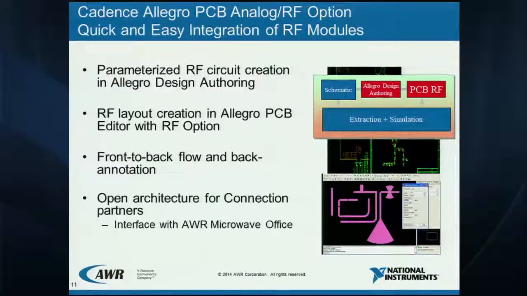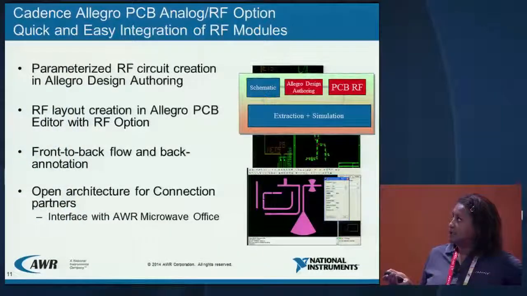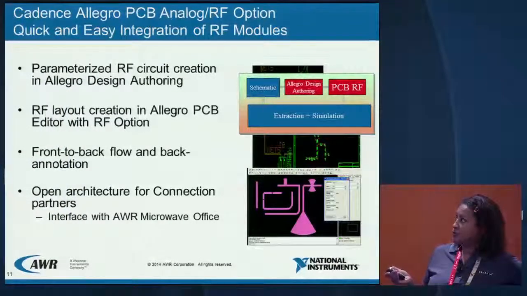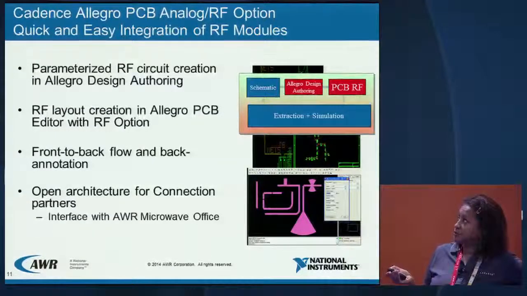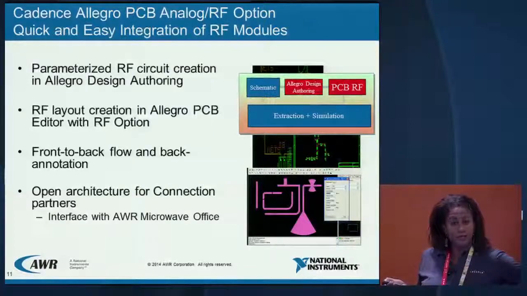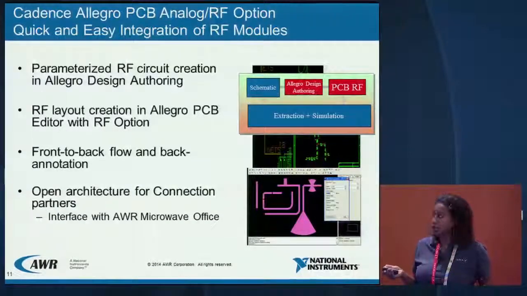Yeah, so this is kind of to give you a snapshot of what a manufacturing flow would look like. So for a PCB design, we have the core of the circuit, but then when a designer wants to bring in an RF module, they're easily able to bring it into the Allegro environment using the analog RF option that's built on top of Allegro.